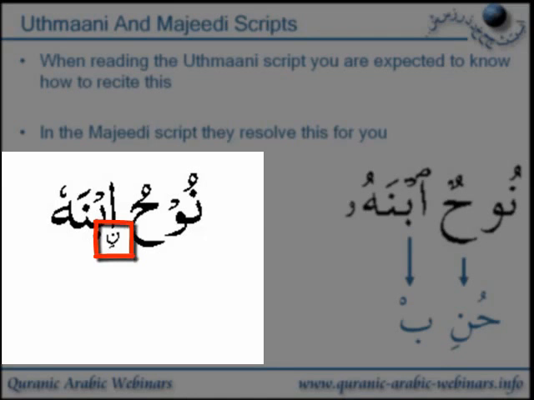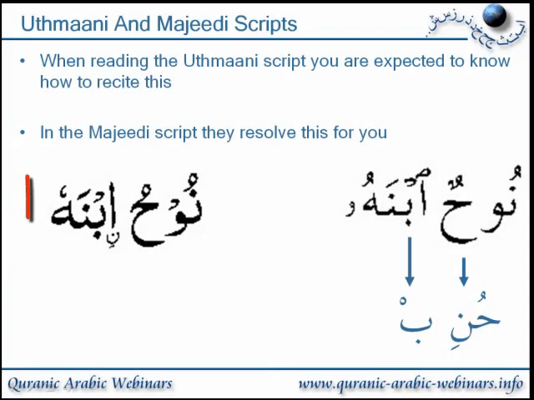And then they put the small noon under it with a kasra. So they've done it for us, so that's very easy to read. You just say nuhu nibanahu. Okay? And again, the way the two-length hu is written at the end, we've covered that in the long vowel lesson.